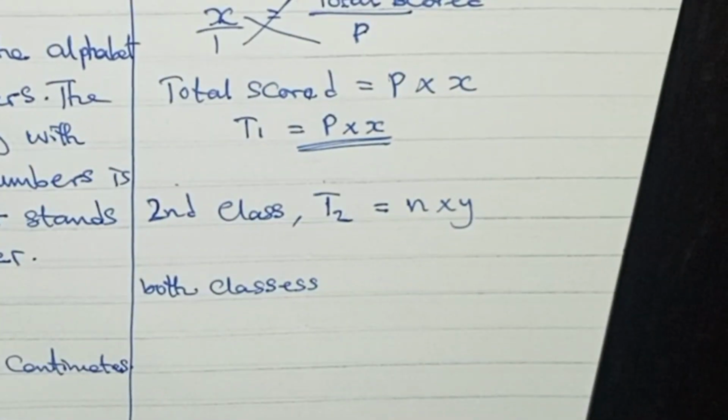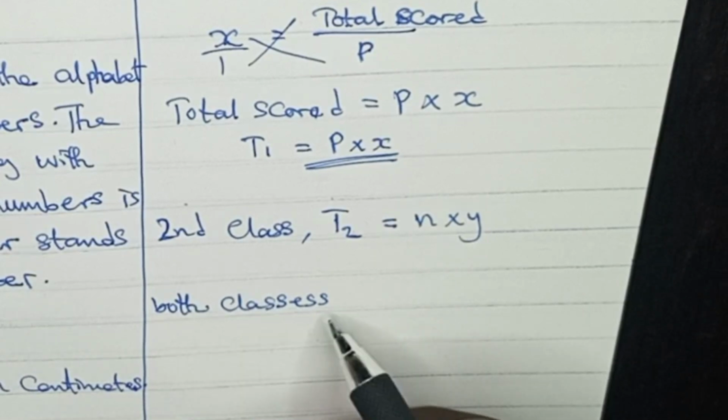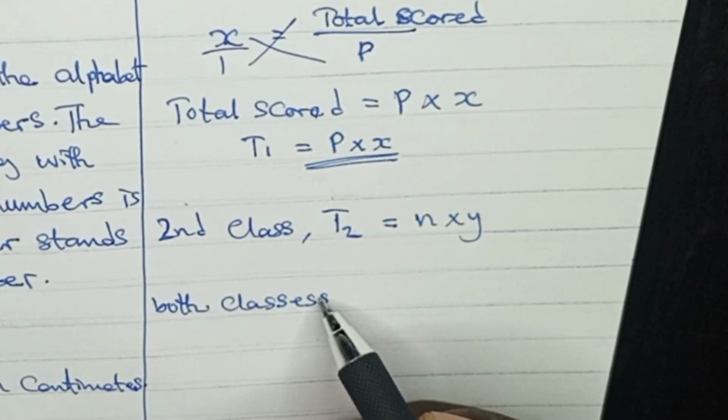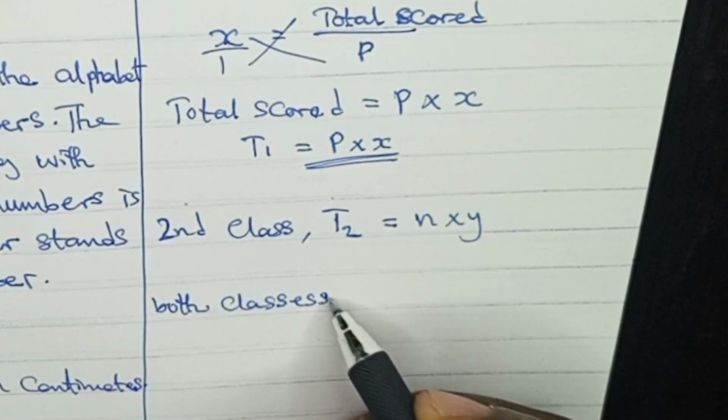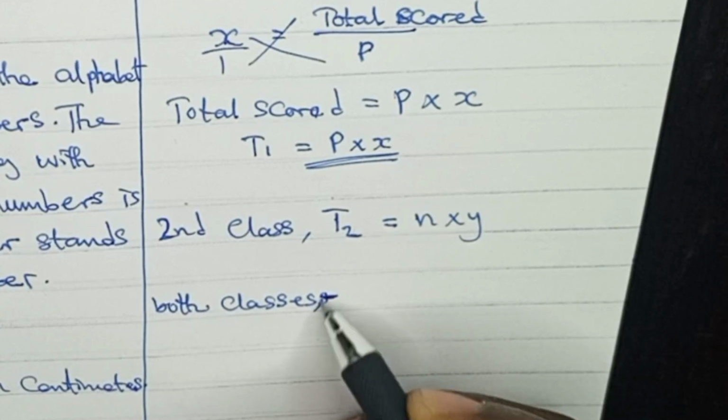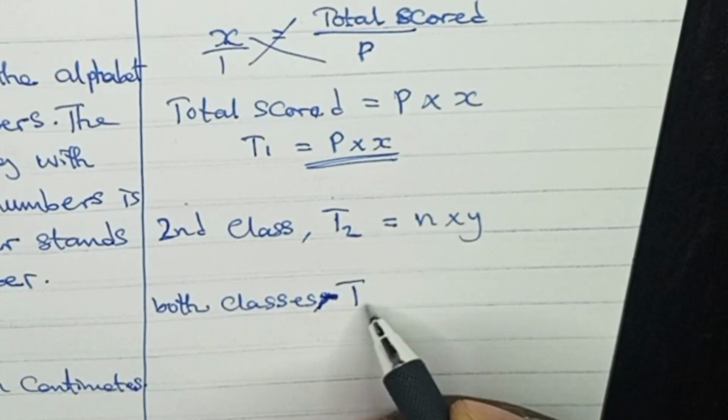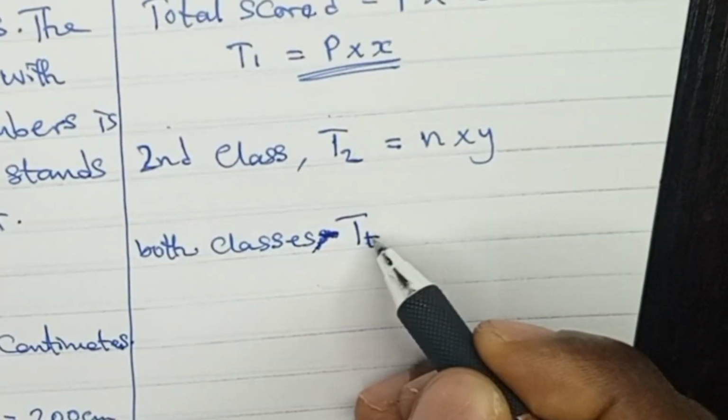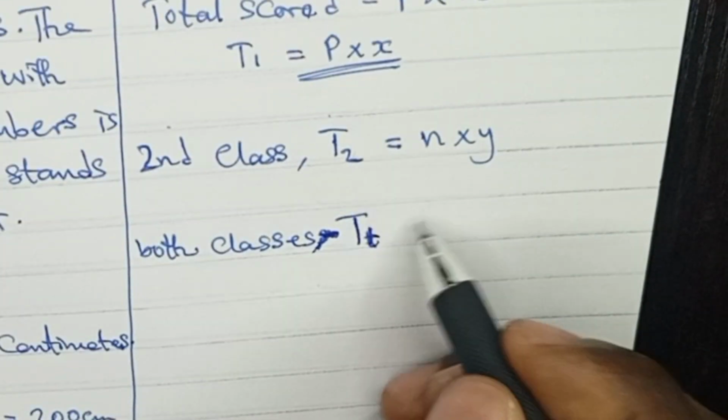So for both classes, let's put T total. We want to total the two classes.